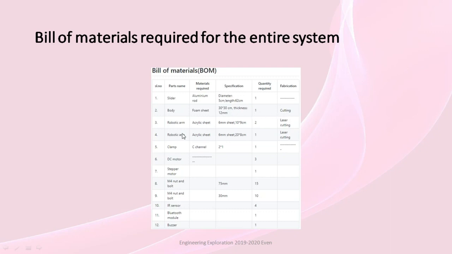The robotic arm used a 6 mm sheet of 10 by 9 cm, which required laser cutting. And to fix the body on the rod, we went with a clamp, for which we decided to use a C channel with the dimension of 2 by 1. And these are the electronic components required for our project.